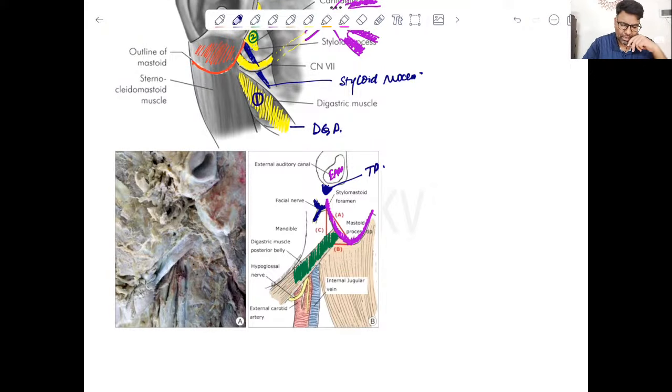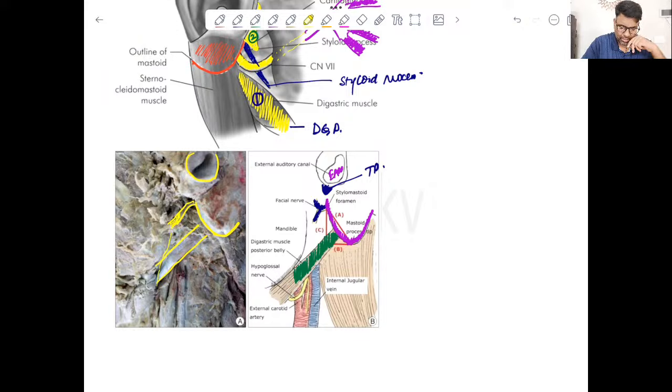And again, if you see in the dissected portion, this is the outline of the mastoid. Okay, this is the posterior belly of digastric. Then this is the external auditory canal. Okay, and here this is all mandible. And here we can see the facial nerve.